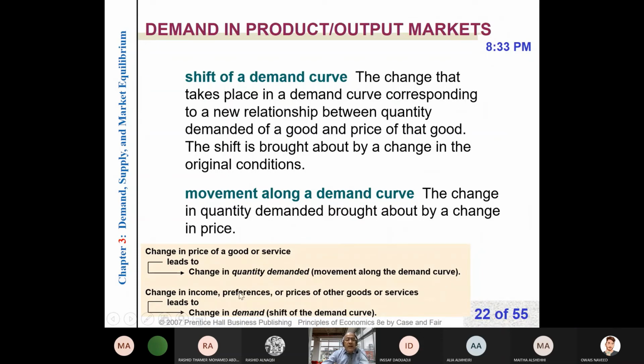But if there is a change in one of the other variables, such as income, preferences, prices of other goods, expectations, wealth, that will lead to a change in demand, or the entire demand curve will shift to the right or to the left.